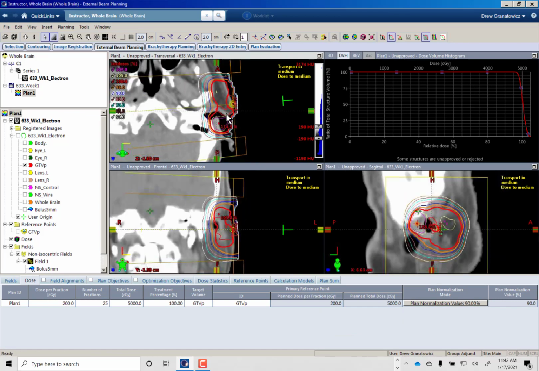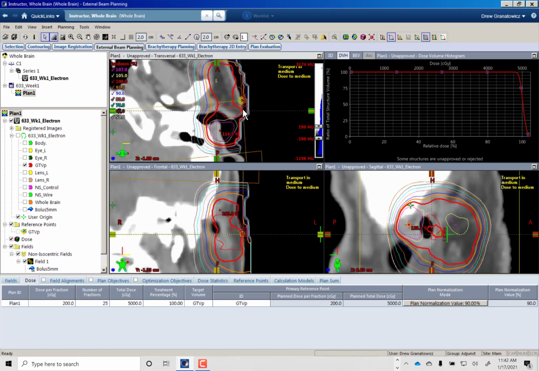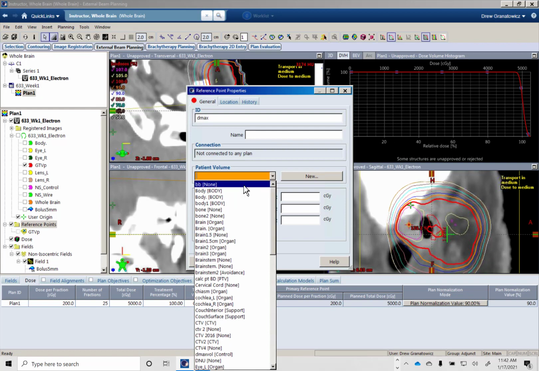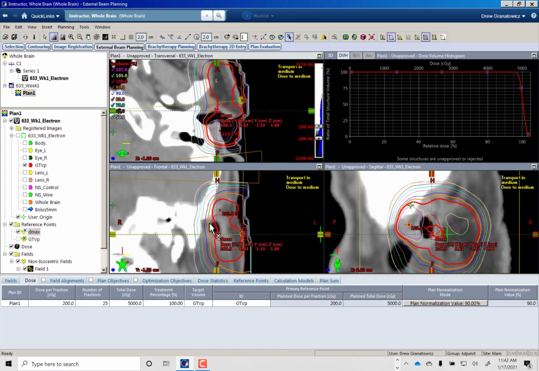Option number two would be to just force our plan to normalize to Dmax underneath our isocenter. Okay, so to do that, we would create a point, I'll just call it Dmax. We would put that point under our isocenter at Dmax of about 2.2.